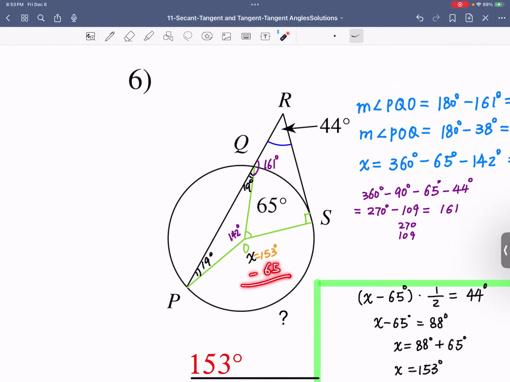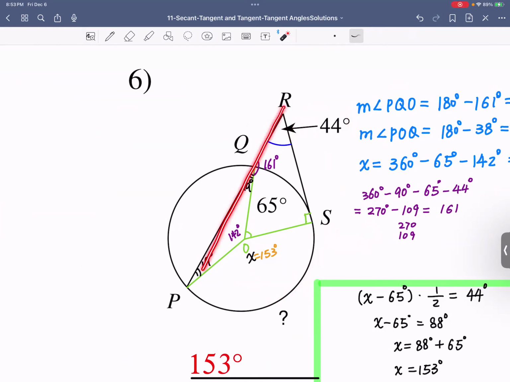David, 153 minus 65 equals? 88. And 88 is 44 times who? 44 times 2. Yes. So that's a new concept here.